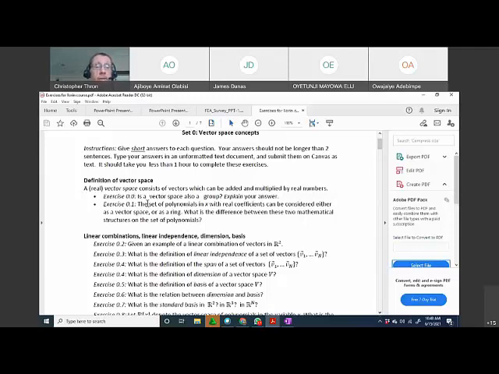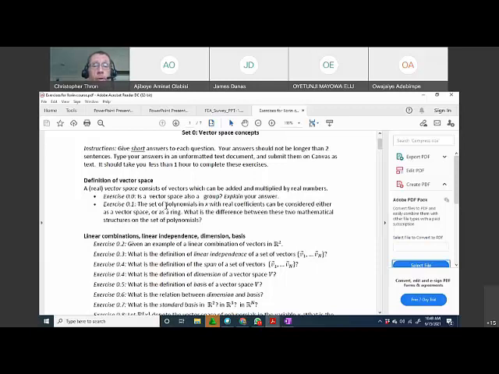Basically, a vector space consists of mathematical objects called vectors that can be added and multiplied by real numbers. So my first question is, is a vector space also a group? Group is another mathematical concept, so I want to know if you understand the relation between these two concepts. Exercise 2.